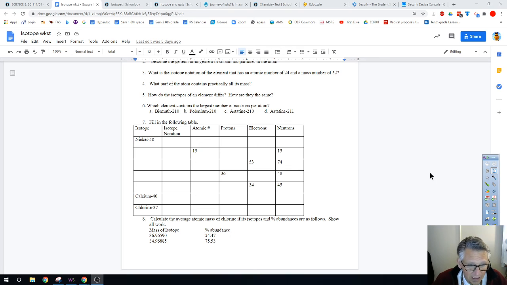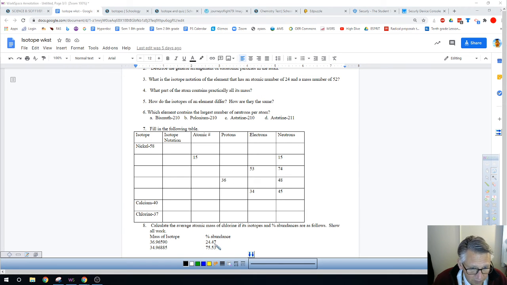And next we have the math problem. So if we know we have 24.47 percent, we take that as a decimal. So if we take 36.96590 times 0.2447, that gives us 9.05, sorry, I'm going to round.